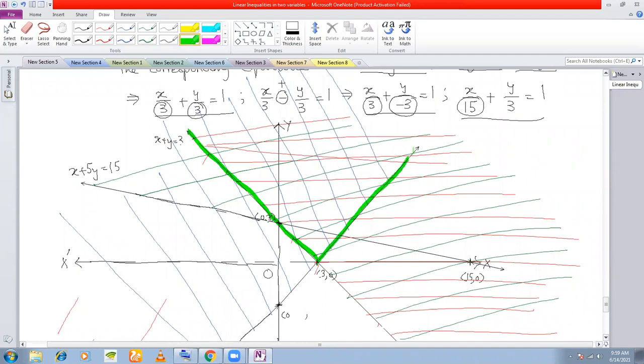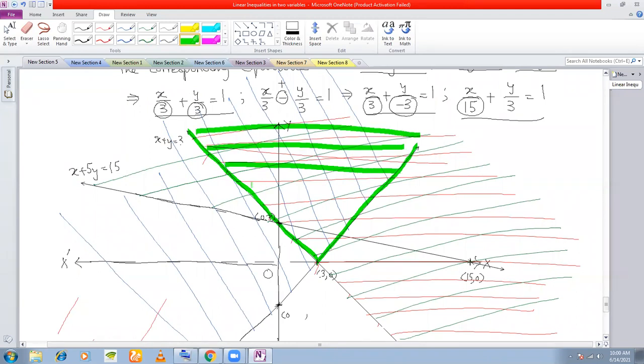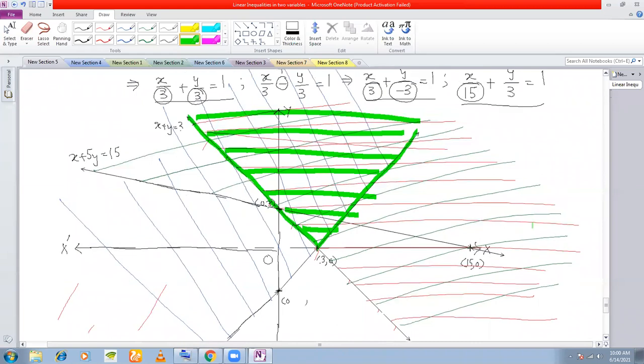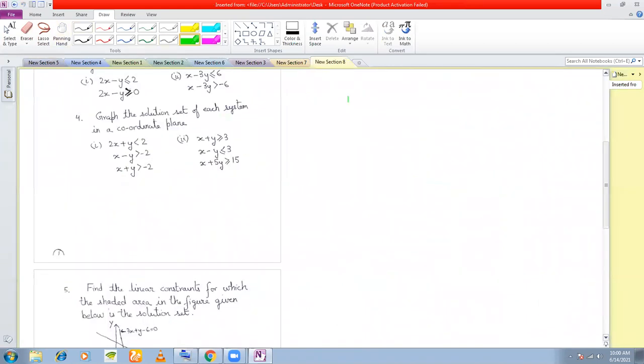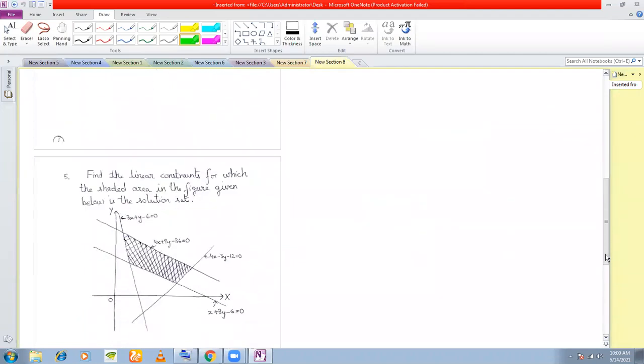Can you see this area? All this area, right. So this part forms the solution. So in the graph, you will shade this part. Is it absolutely clear? Or any question you have? No question? I think I've solved enough problems for you to have any question from this part.